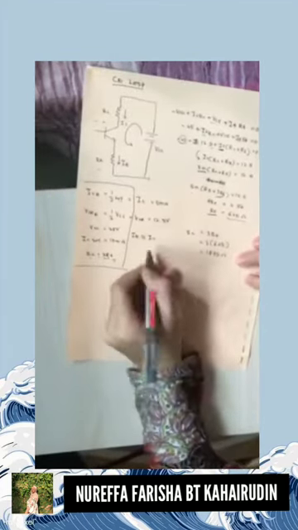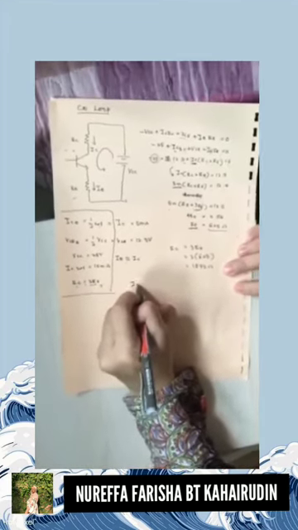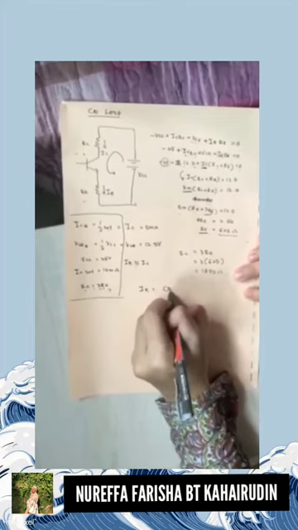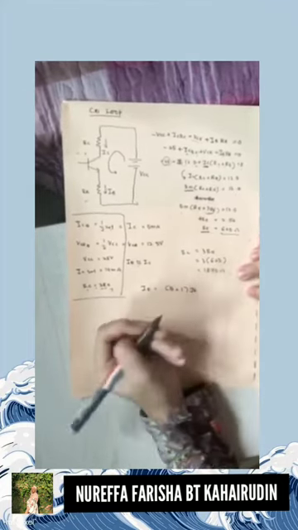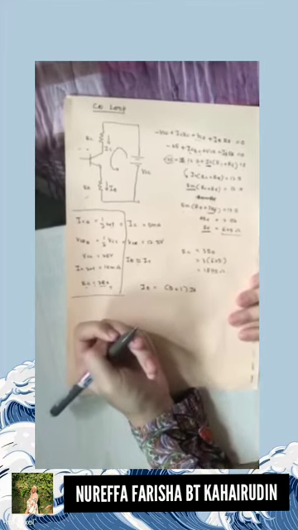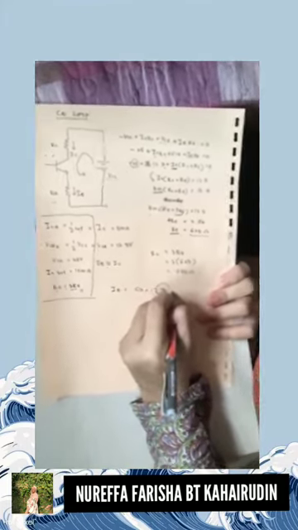And now we calculate to find IE equal to beta plus 1 IB. So we want to find the IB.